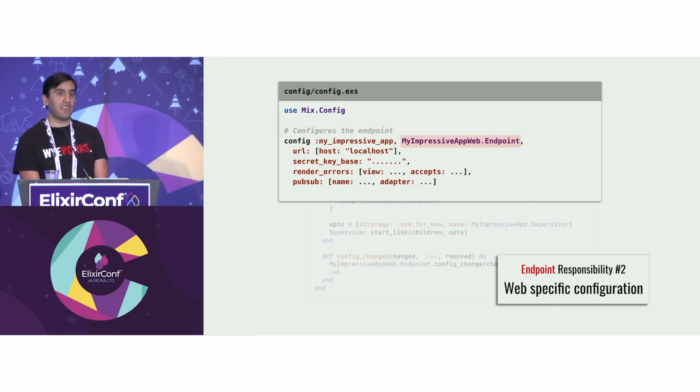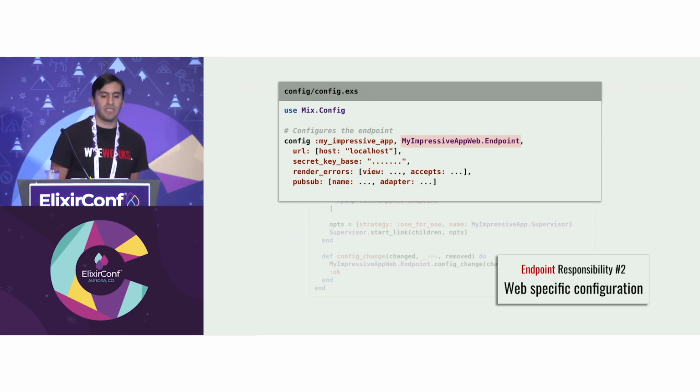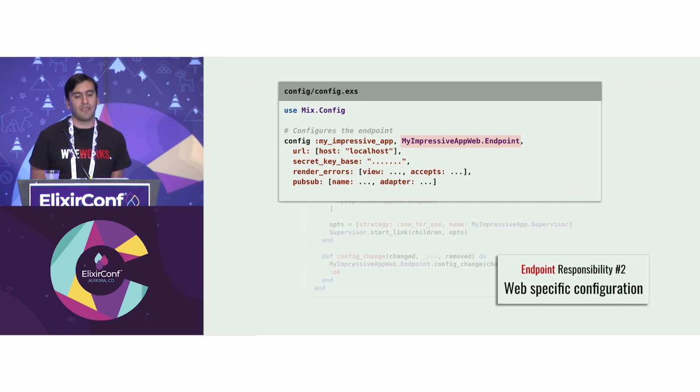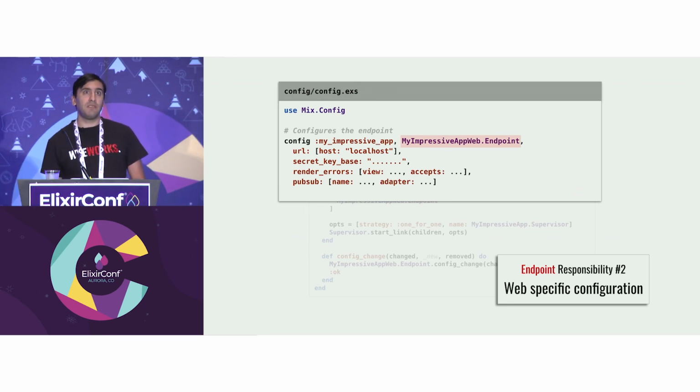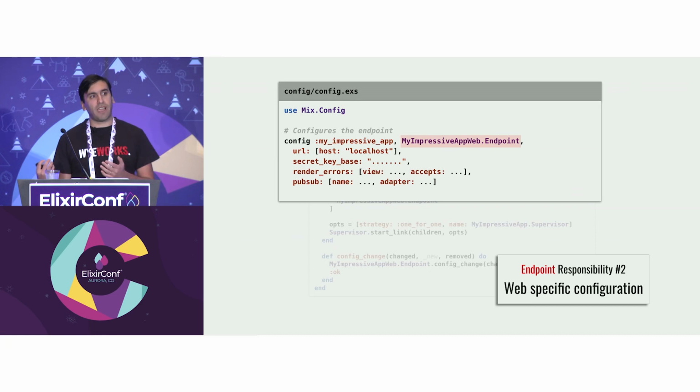Also, this endpoint module hosts the web-specific configuration. This is specifically the configuration needed to make everything the endpoint is doing work. But let's think that most of it is runtime configuration. It's configuration that the framework manages using ETS tables, and that can be read and also modified when the application is already running.